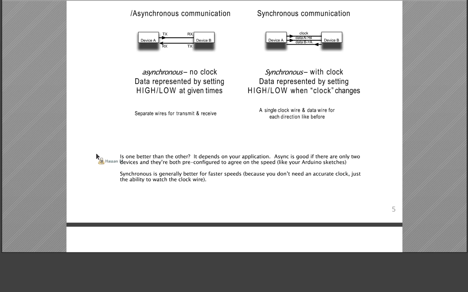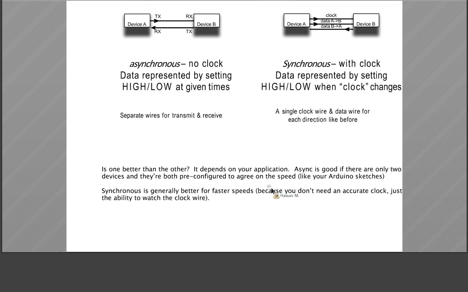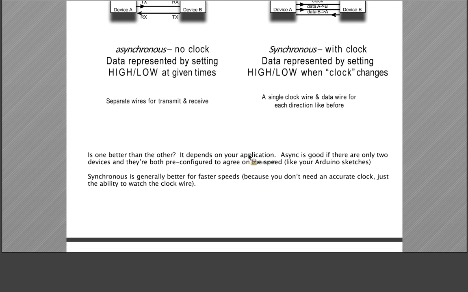Is one better than the other? It depends on your application. Async is good if there are only 2 devices, for example peer-to-peer, and they are both pre-configured to agree on the baud rate.